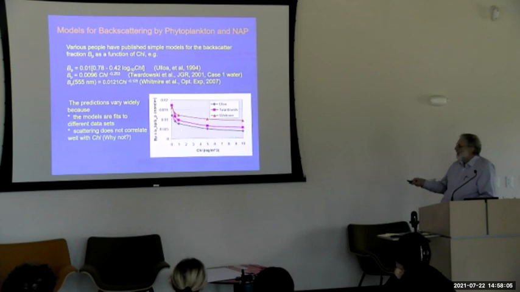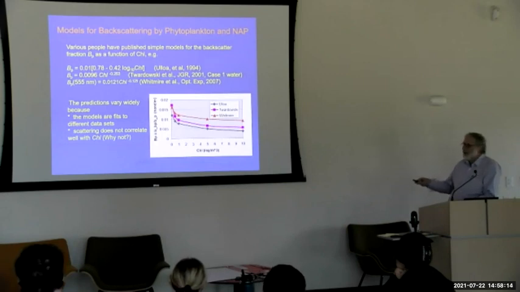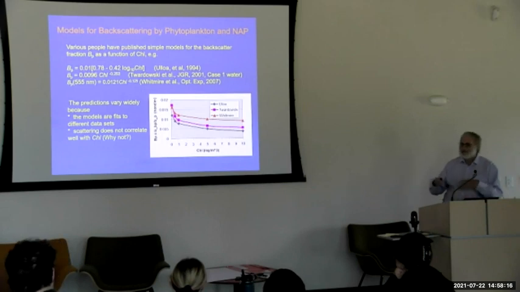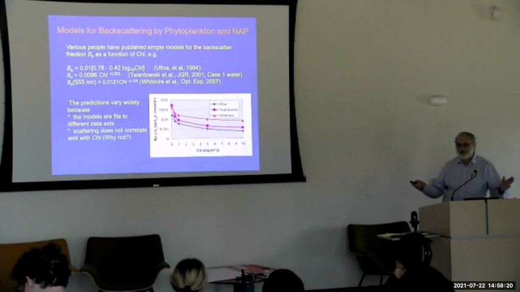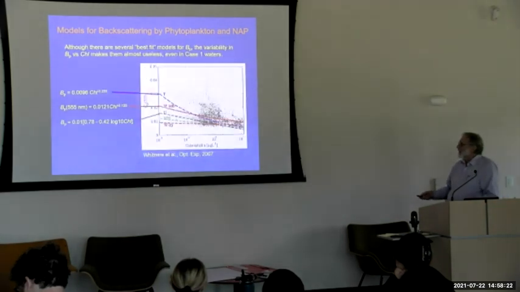Same thing back here, chlorophyll of 1, it's maybe 0.0075, and here it's 0.004 or something, a factor of 2. Well, what's going on there? It's different data sets, different water bodies, fitting curves through it, and seeing what they get.